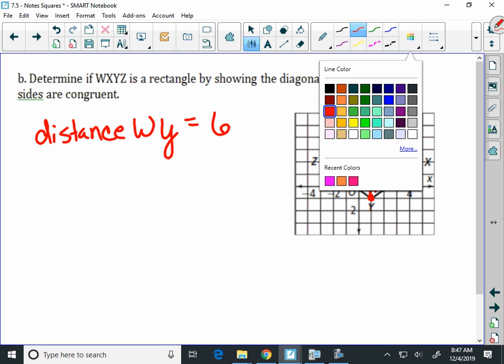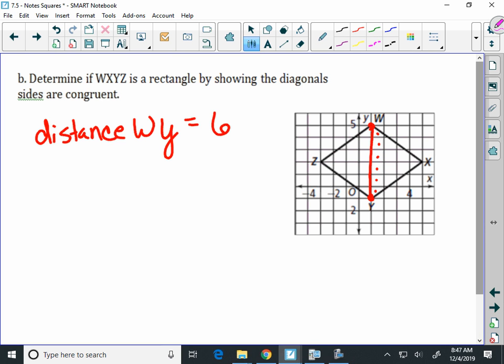And then, when we look at the distance of ZX, well, here's Z and here's X. We've got a horizontal line. 1, 2, 3, 4, 5, 6, 7, 8. Well, I don't know if it's bad news or good news on this one.